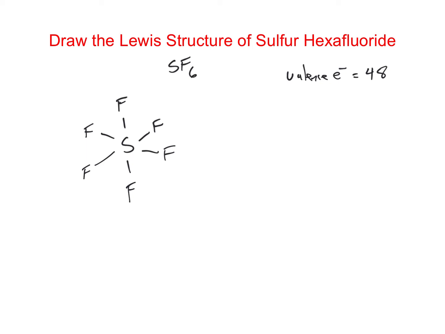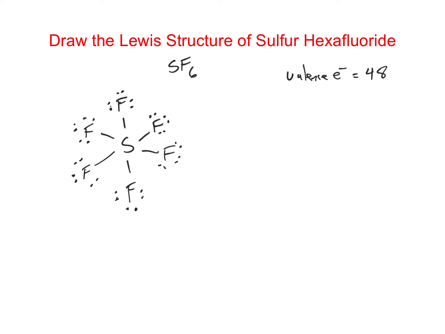And so I've already used, for the single bonds, 2, 4, 6, 8, 10, 12, 14, 16, 18, 20, 22, 24, 26, 28, 30, 32, 34, 36, 38, 40, 42, 44, 46, 48. And so I've given out all of my valence electrons that I have to work with.